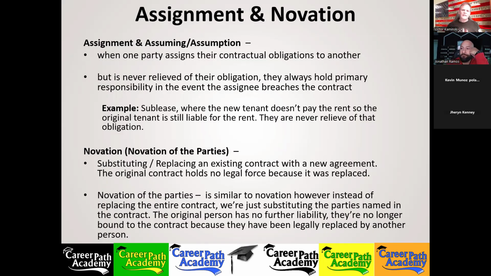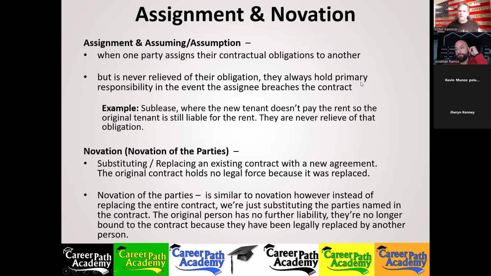Now, if a landlord does allow it, the original person who was leasing is never relieved of their obligation. So if the tenant that they found to replace them and sublease to does not pay the rent or violates one of the other lease contractual terms, the original tenant that the lease was given to can still be held liable for the violation of the terms of that lease.